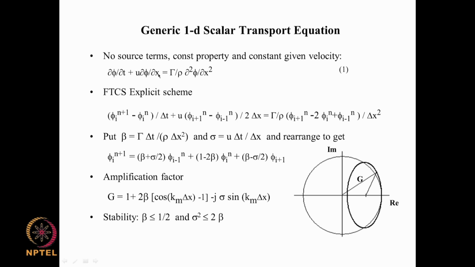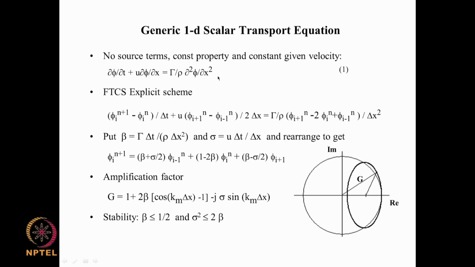You have only dou x here, not dou y, dou z, and we also have no source terms, and we are taking the diffusivity and the velocity to be constants, or these can be considered as linearized values of velocity and diffusivity in case they are changing with space and time. So, this is a linearized constant property one dimensional scalar transport equation.